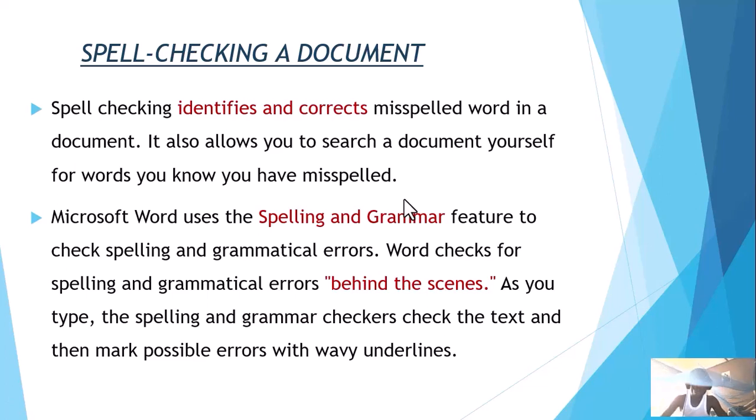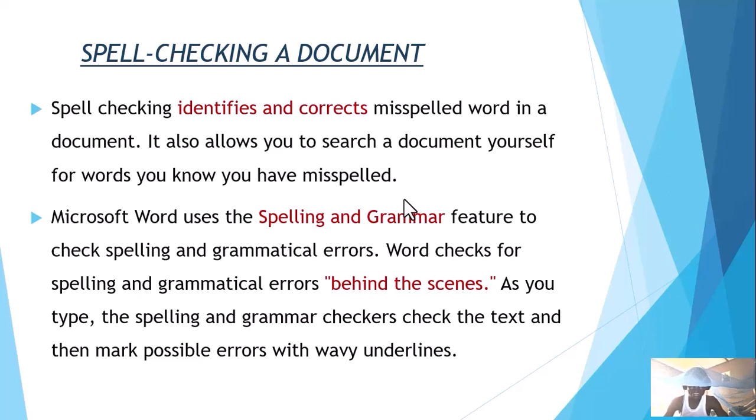Word checks spelling and grammatical errors behind the scenes. So whilst you are typing, Microsoft Word will be checking everything whilst you are creating your document. Microsoft Word will be doing the background job.